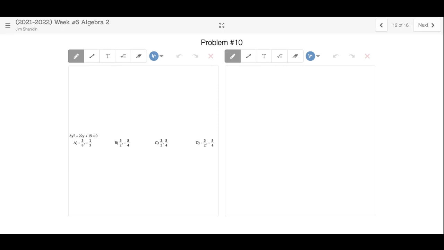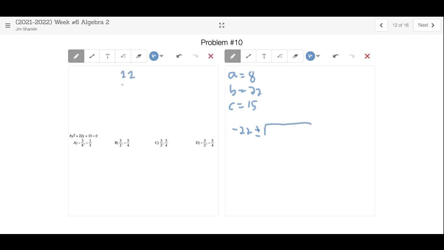Quadratic formula. My a value is going to be 8, which is not great, but that's fine. B is 22. C is 15. Some pretty large numbers, but I can handle it. So negative b, so it's going to be negative 22 plus or minus the square root of 22 squared.